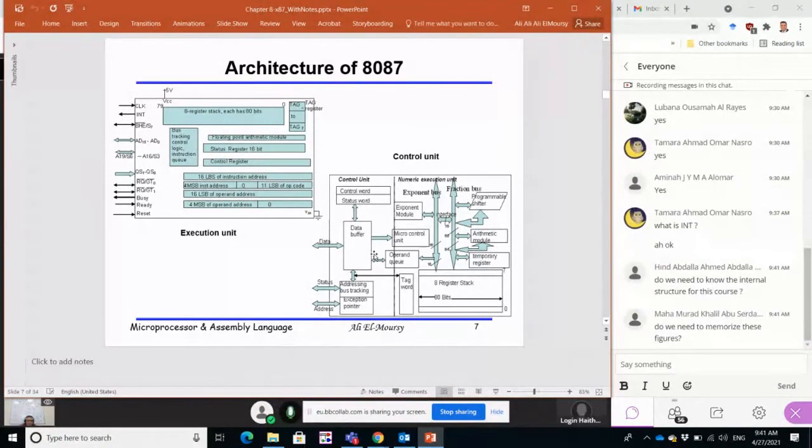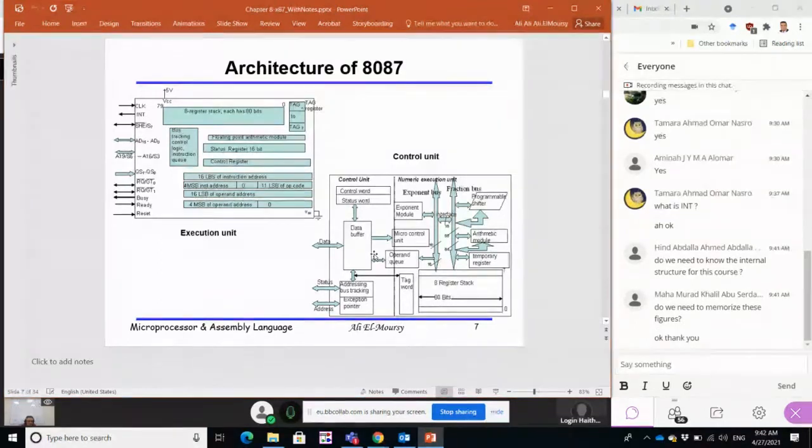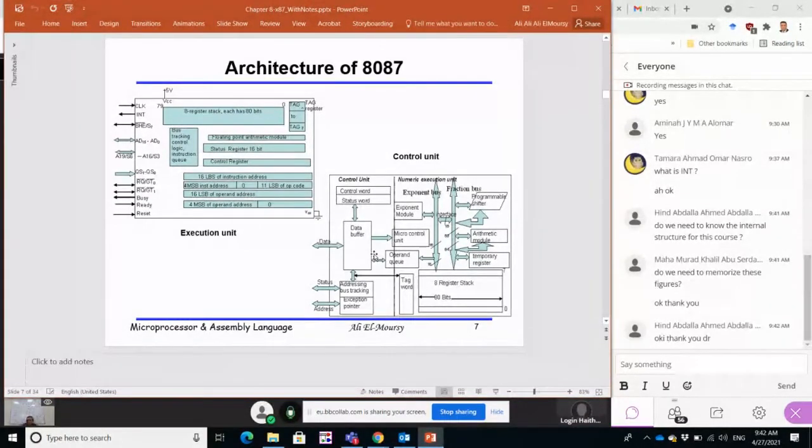Do we need to know any of these internal structures? No. I give it to you just for information. You don't have to memorize any of this. Don't worry. We will not take this in too much detail, but I am just showing you the architecture to let you know.